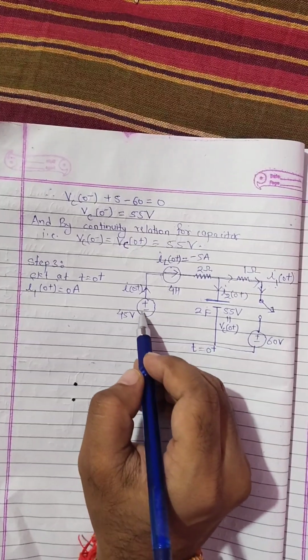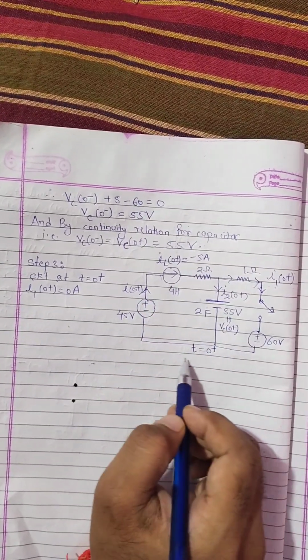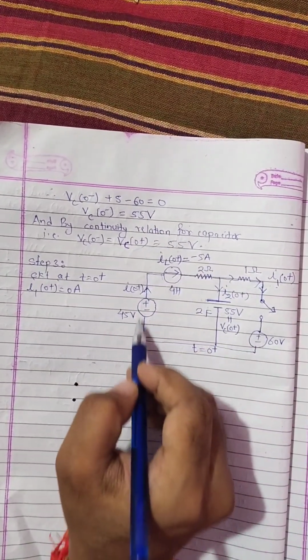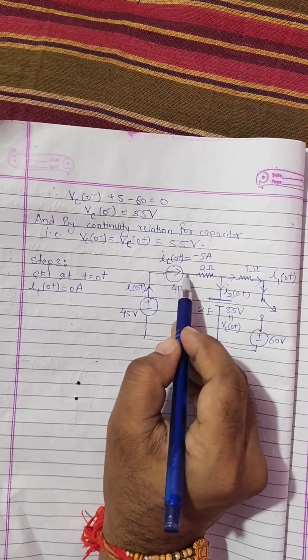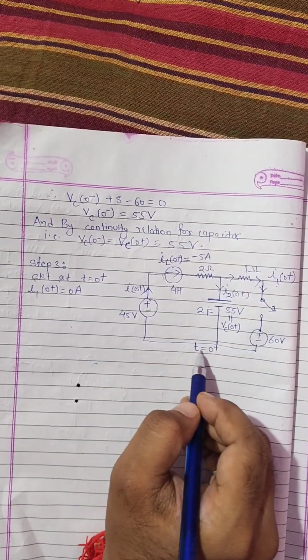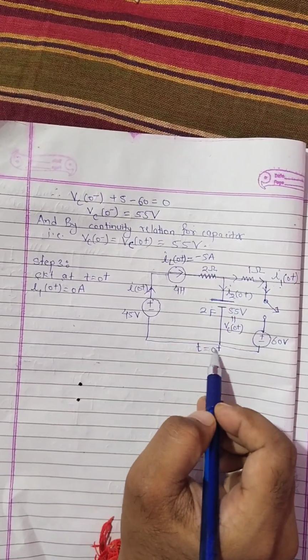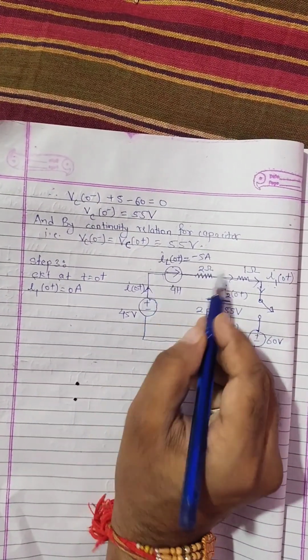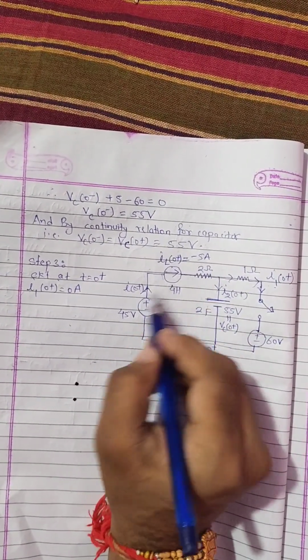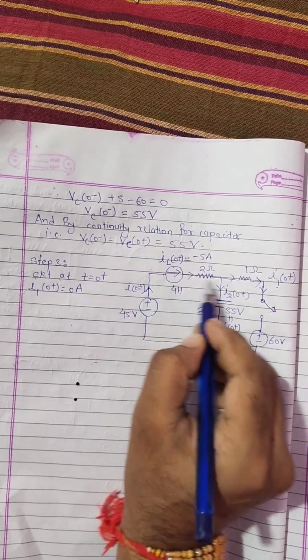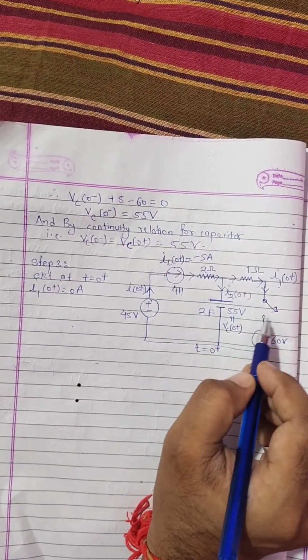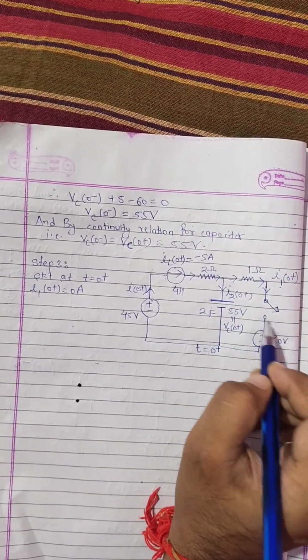Now in this closed path, we can say that I0 plus will be equal to I20 plus. In one branch there is current I0 plus, and in the other branch there is a current of 0 ampere since it is open.